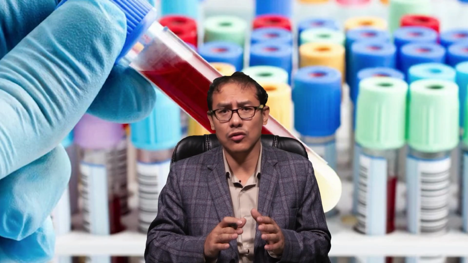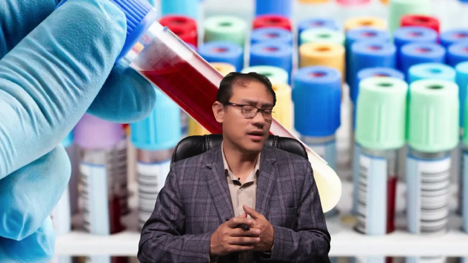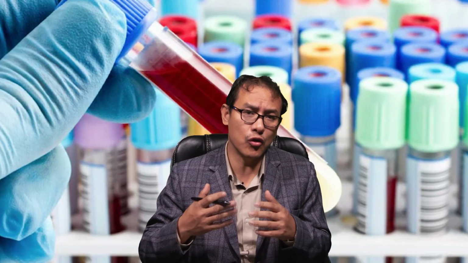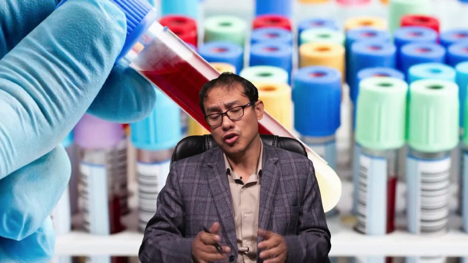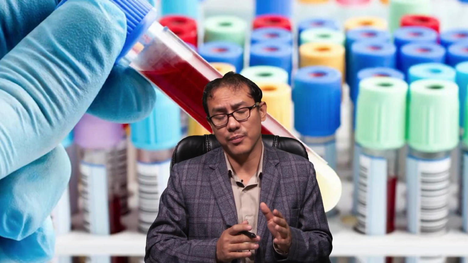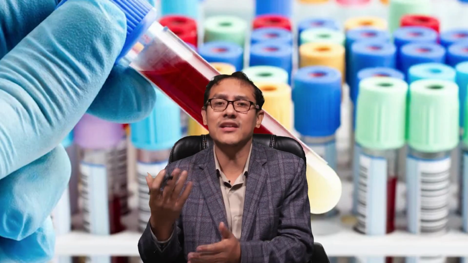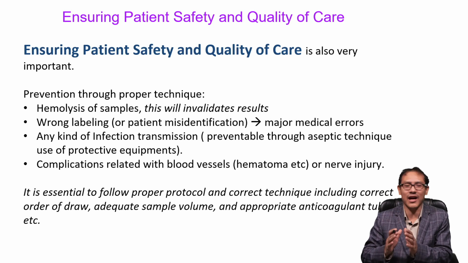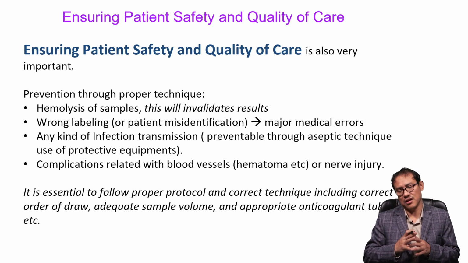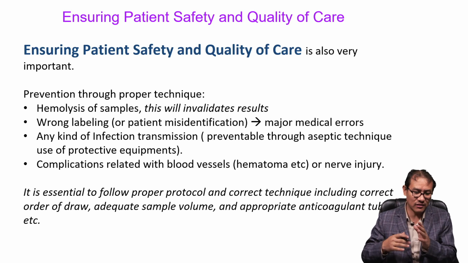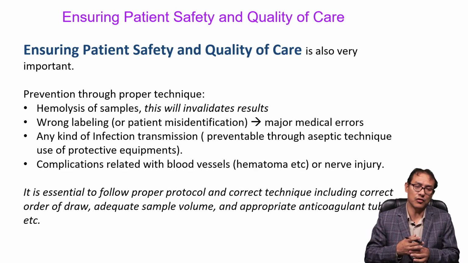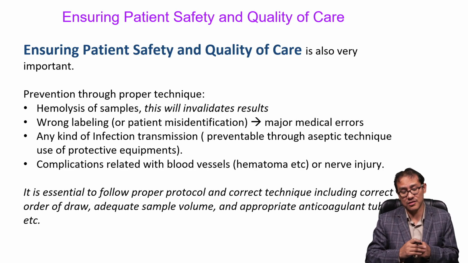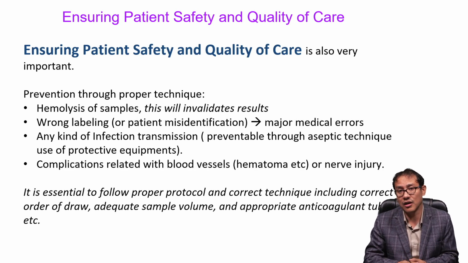As I already told you, since you are the first line of contact with the patient who comes to the hospital for different blood investigations, your way of dealing with the patient is important. You have to make sure that patient safety is the primary concern, and quality of care is also very important. So prevention of any kind of improper technique is important, because you have to prevent any hemolysis of the sample, as this will invalidate the result.